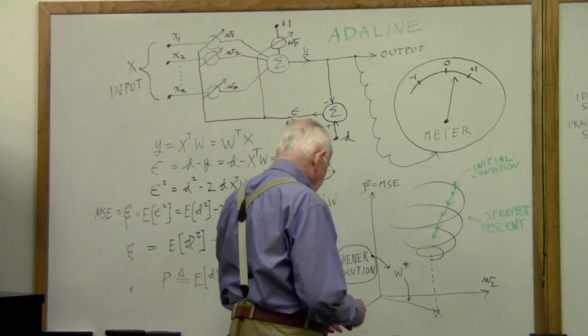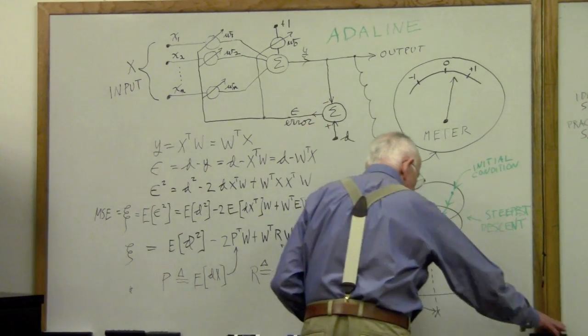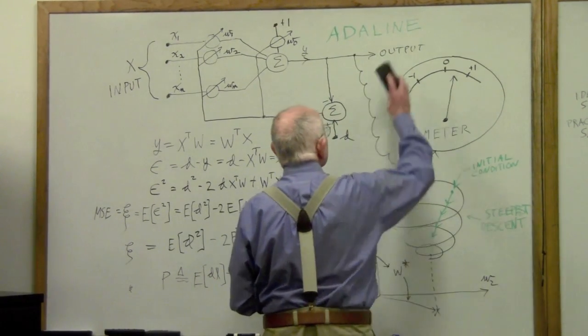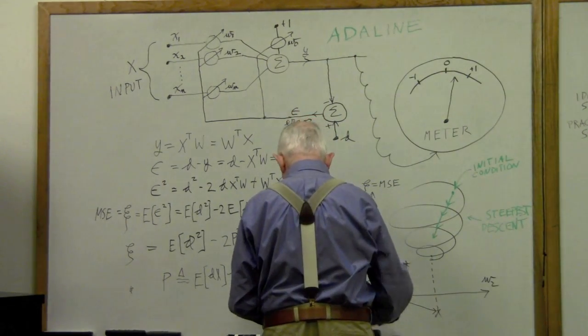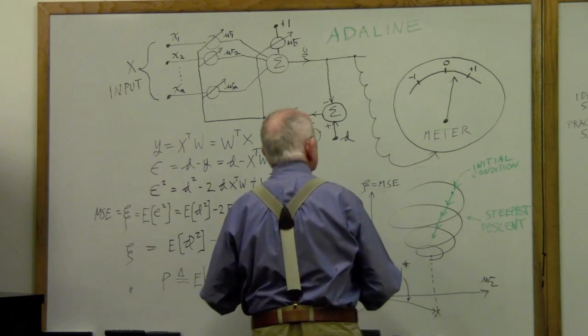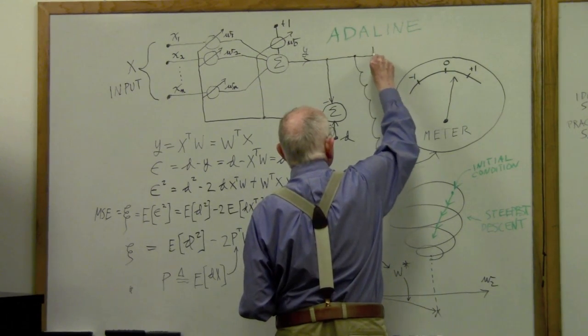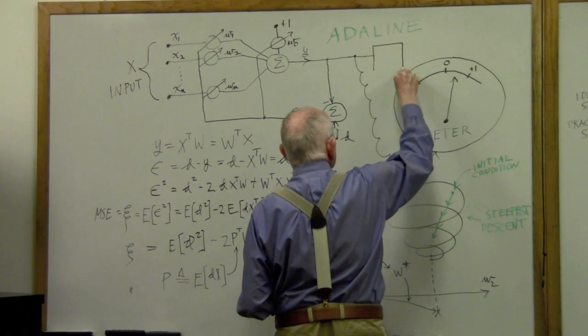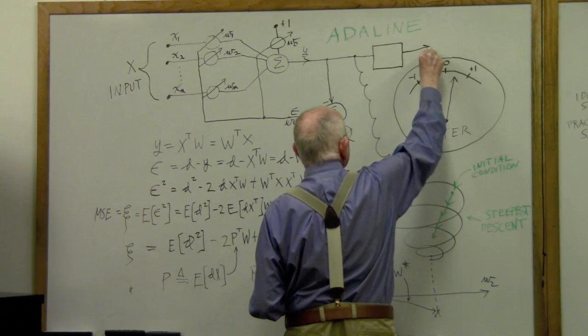Now, with an actual neuron, the output would typically go to some sort of a nonlinear element that's sometimes called an activation function.